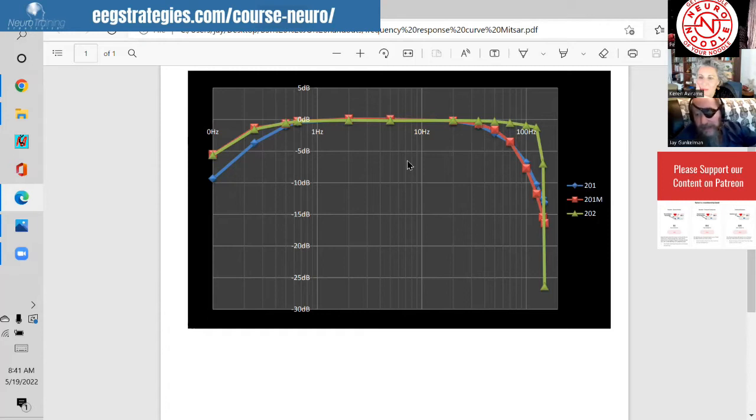So DC fields, static fields moving near the patient weren't influencing the recording. If you go back to some of the very early amplifiers, you could shuffle your feet on the carpet 20 feet away from the client and make the signal go crazy. So the Mind Media had the Nexus amplifier, which is actually an EMG amplifier chip that went from DC to 800 hertz.